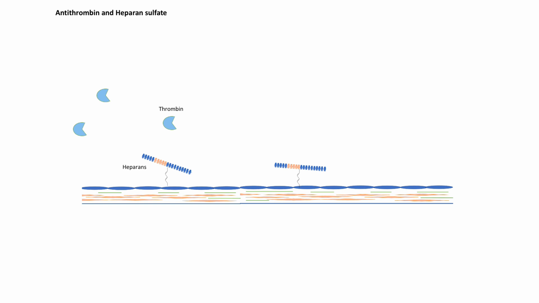When antithrombin binds to heparan sulfate, it results in conformational changes in antithrombin. These conformational changes significantly increase the rate of inactivation of thrombin and factor 10. So heparan sulfate increases the rate at which antithrombin inactivates these clotting factors. As antithrombin is an important component of the anticoagulant system, deficiency of antithrombin predisposes to a hypercoagulable state.